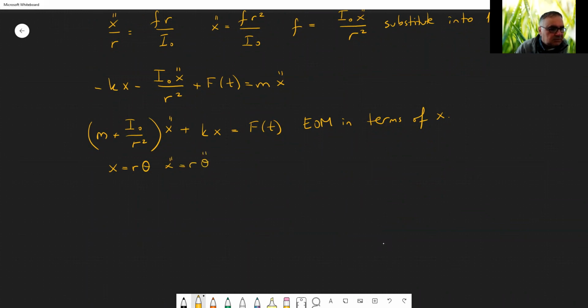So you just substitute these into those equations, and you are going to get m plus I0 over r squared, r theta double dot, plus k r theta equals f of t.